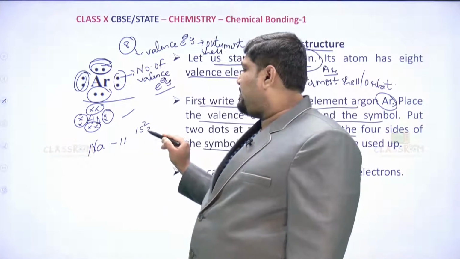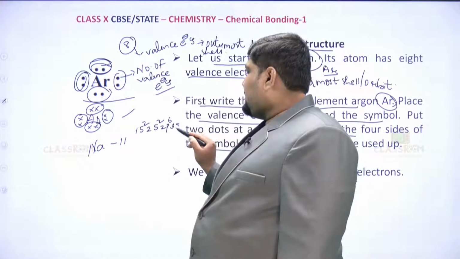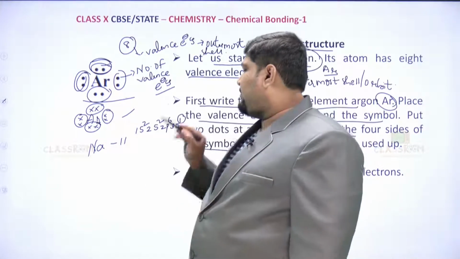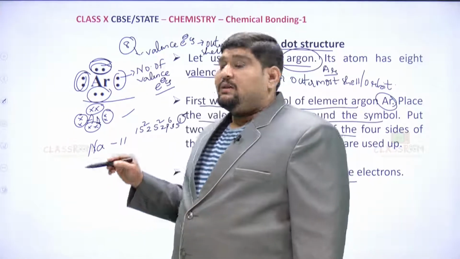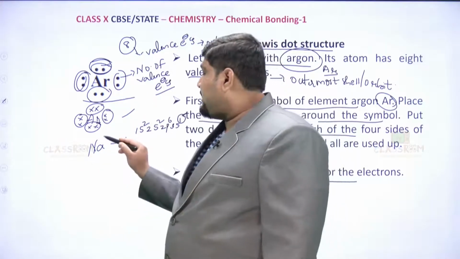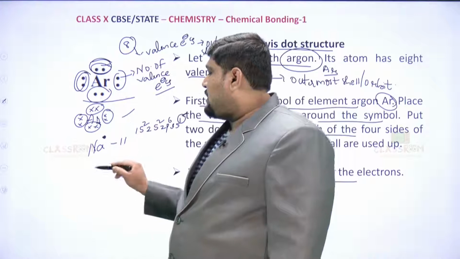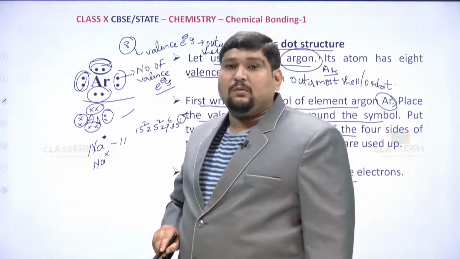When you write the configuration 1s2, 2s2, 2p6, 3s1, you can find this one valence electron in the outermost shell of the sodium atom. You can represent that one valence electron either in the form of a dot, or you can represent it in the form of a cross also.